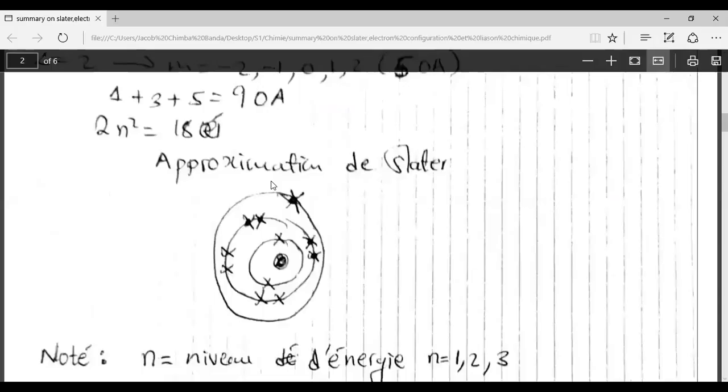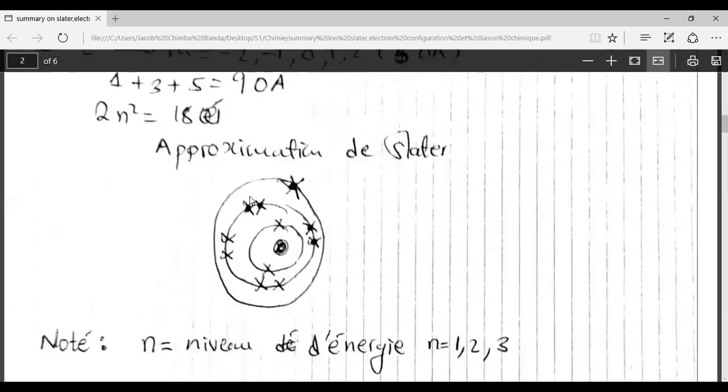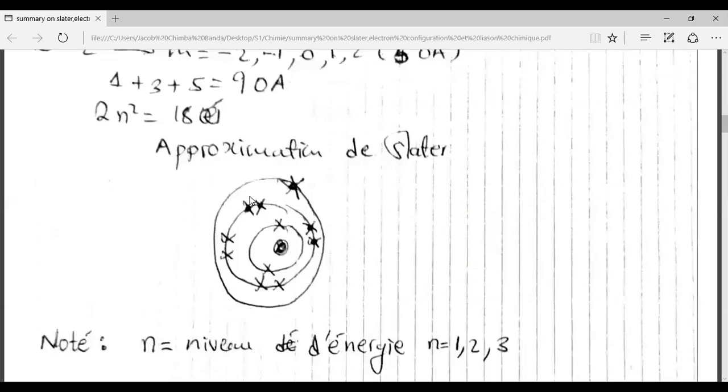This is a polyelectronic atom which has a lot of electrons. Let's assume this electron which is outer here. One, this electron will be attracted by the nucleus, but again, this outer electron will be repelled by its fellow electrons.